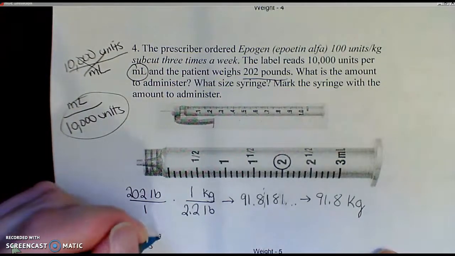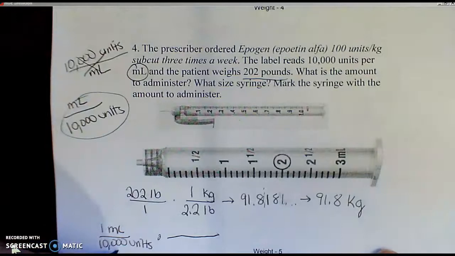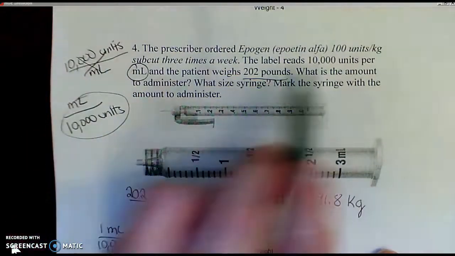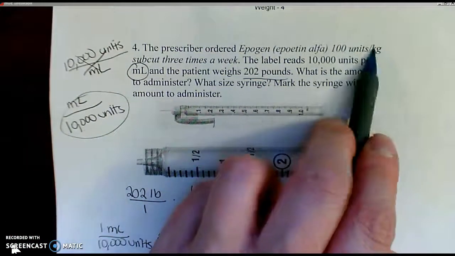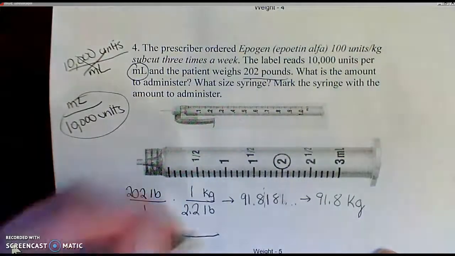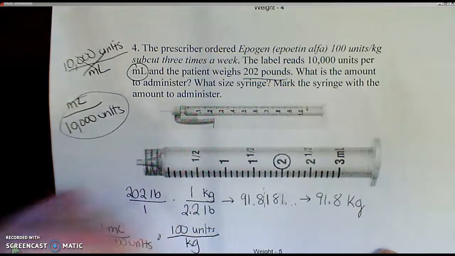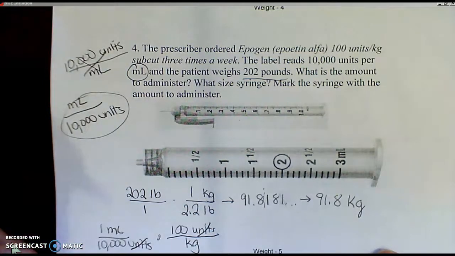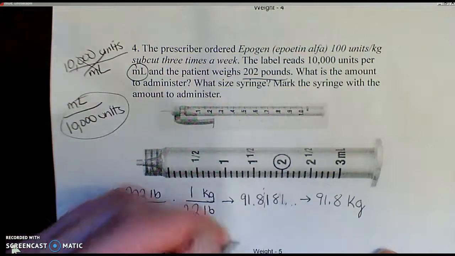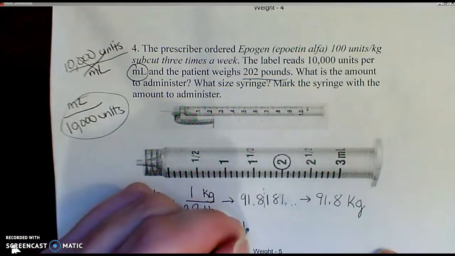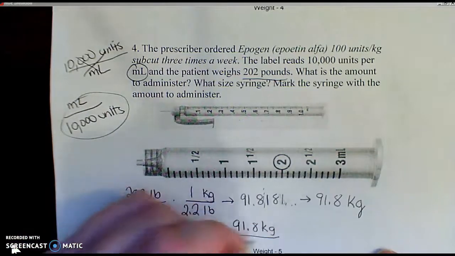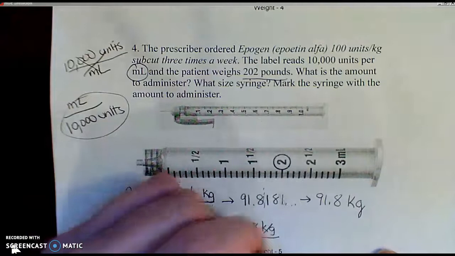And now we're going to multiply by, well, we know we want to get rid of the units. What's our information about units? 100 units per kilogram. So that cancels out the units. And now we're ready to multiply by the patient's weight in kilograms. And that's just a regular number, so the kilograms cancel.